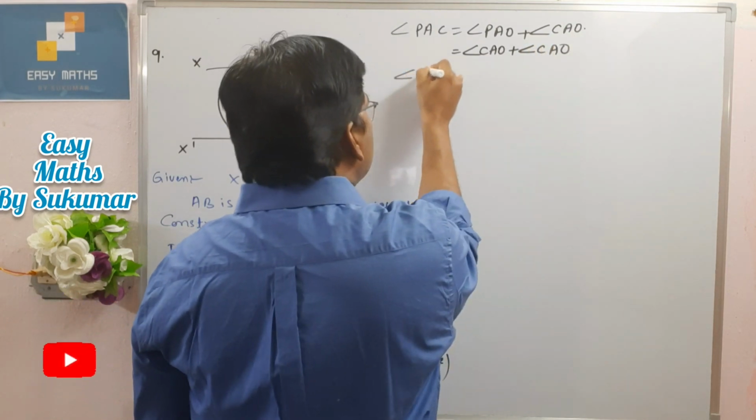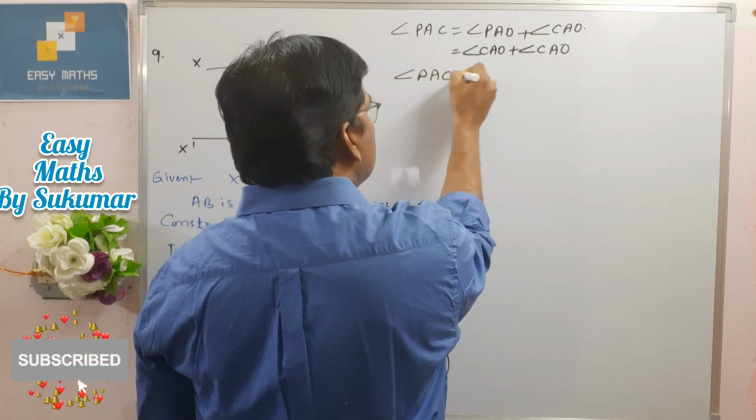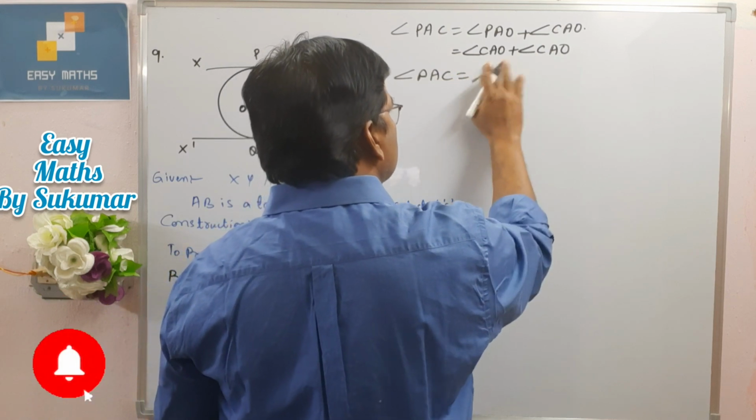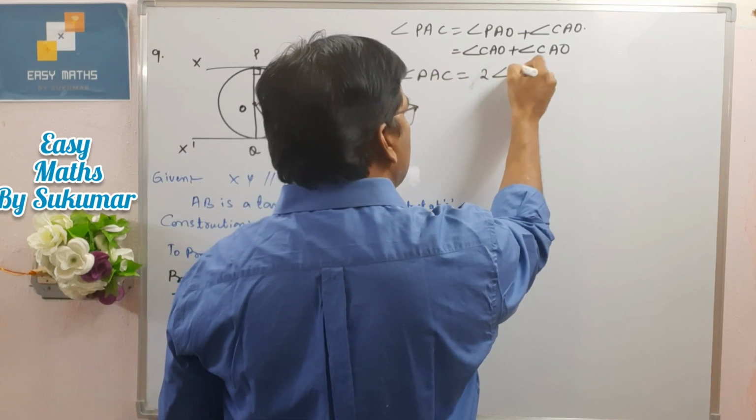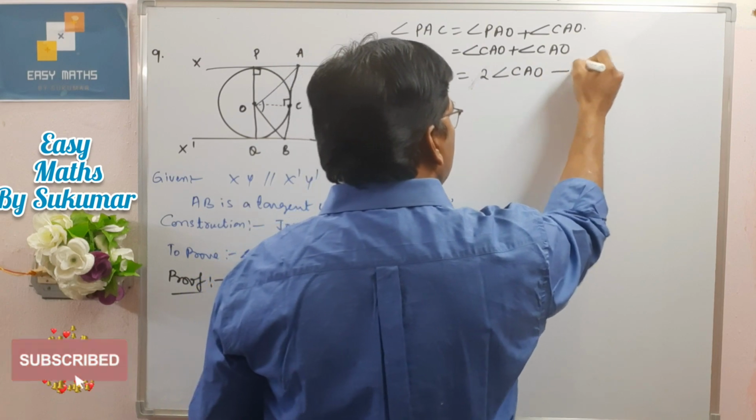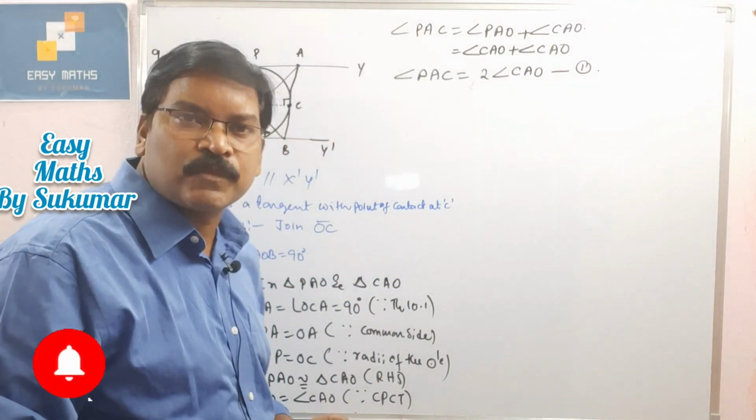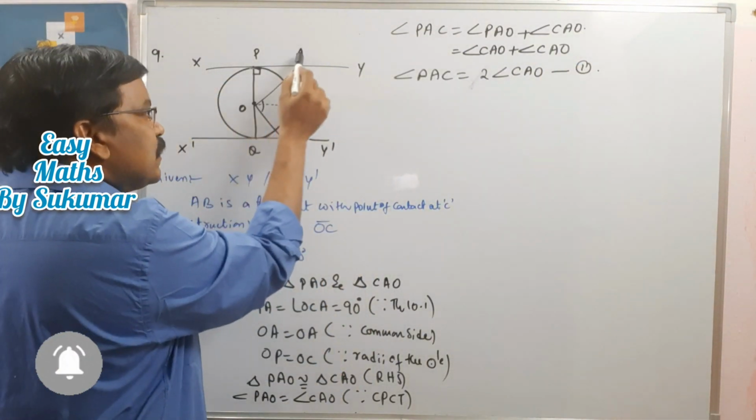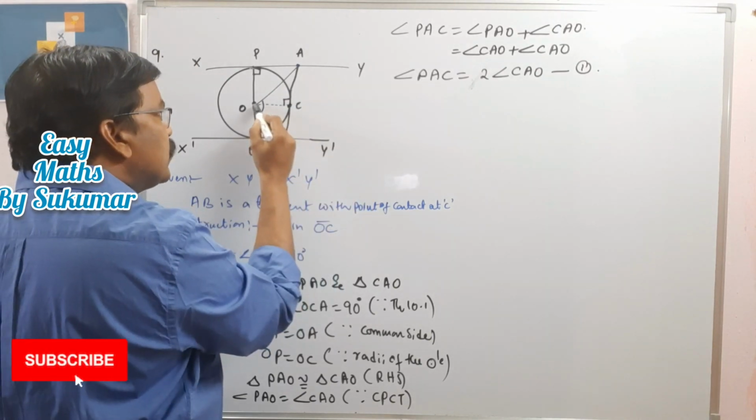So that means angle PAC is equal to 2 times angle CAO. This is equation number 1.